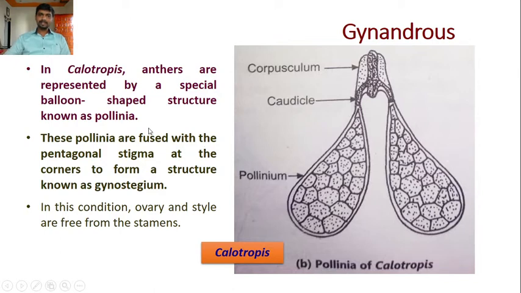Instead of the typical anther that we saw in the previous slides, in Calotropis the anthers are represented by a special balloon-shaped structure known as the pollinia. These pollinia are fused with the pentagonal stigma at the corners to form a structure known as the gynostegium.